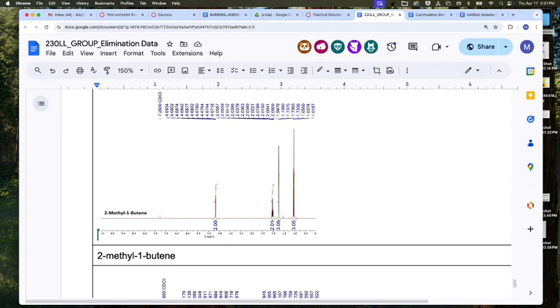Despite the no, we're going to move on, but we'll summarize those numbers in a second.